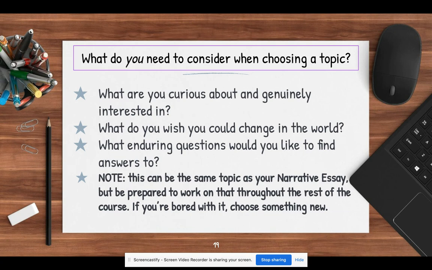So how do you figure out what your topic is? First of all, and most importantly, what do you genuinely want to know more about? What are you curious about? What do you wonder about? Second, what do you wish you could change in the world? I mean, Lord in heaven, there's an awful lot we want to change right now. So I think I'm going to get a lot of questions and topics about some of the things that are relevant and going on in communities right now, but also maybe you just have something that you want to have an answer to that really isn't going on in your face.